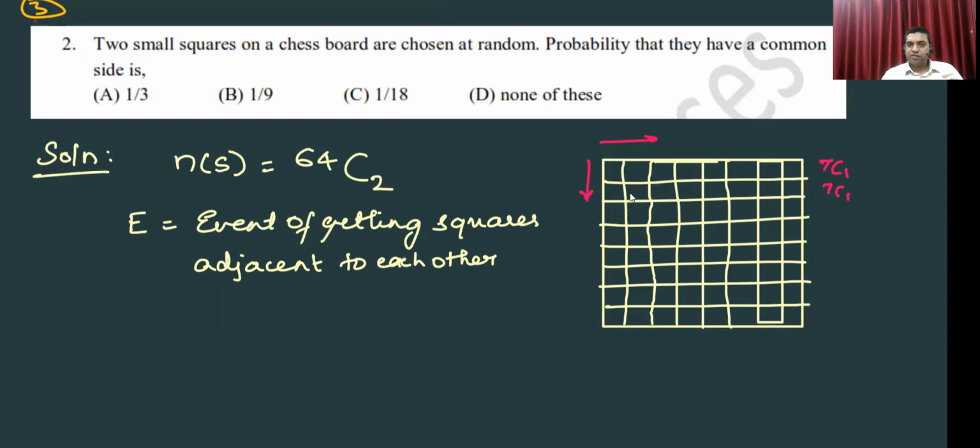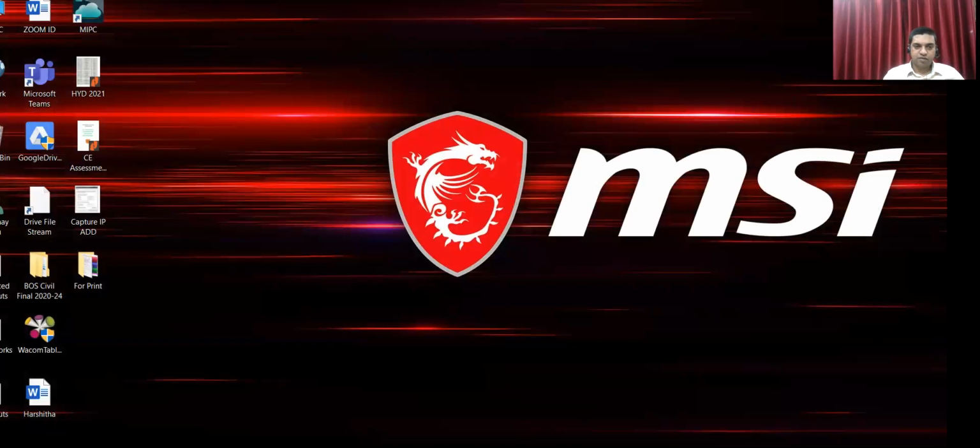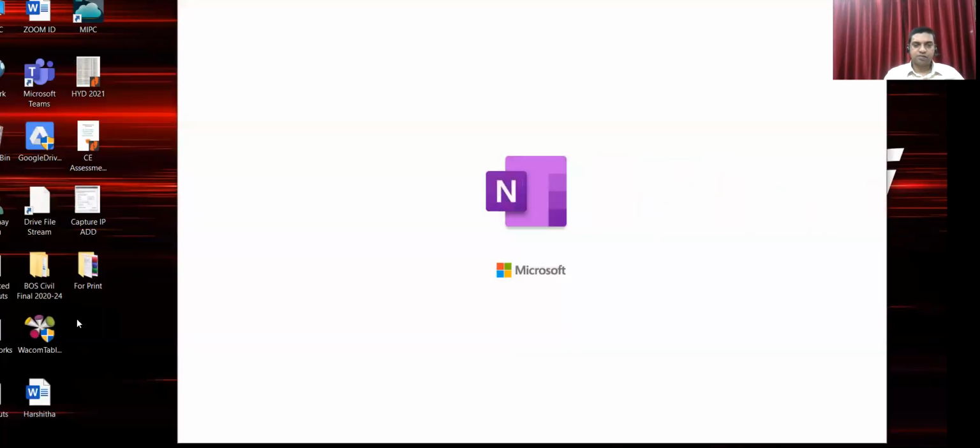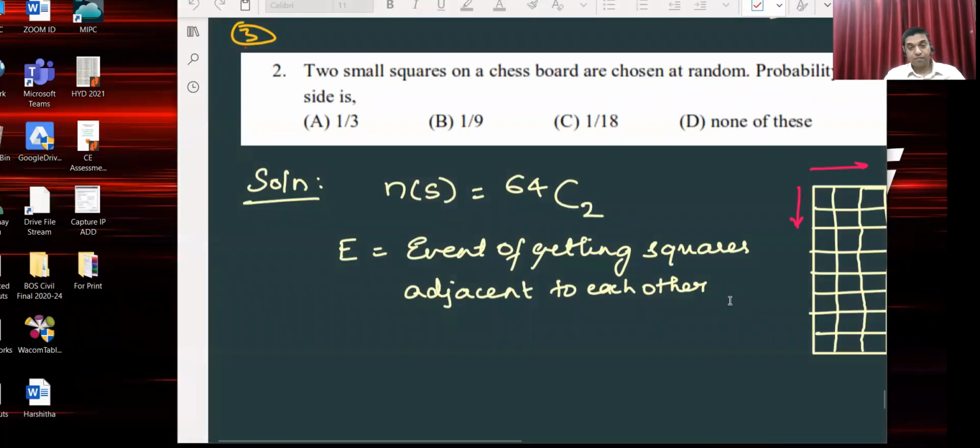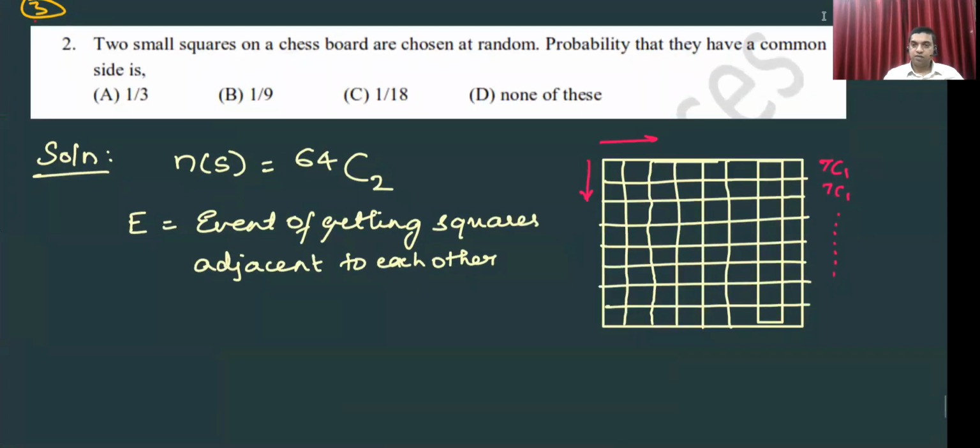Seven pairs. One, two, then third, fourth, that is third pair, fourth, fifth, fifth, sixth, sixth, seventh, seventh, eighth. So you get 7C1, 8 times actually.